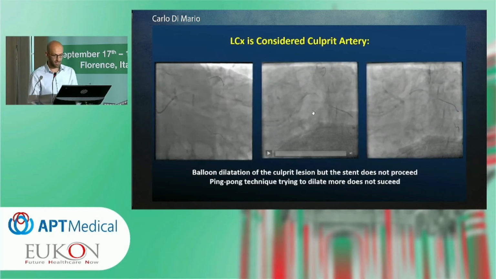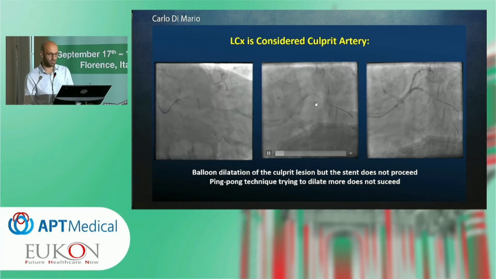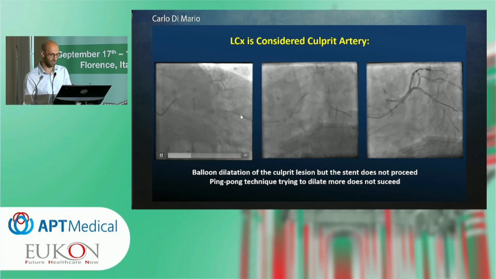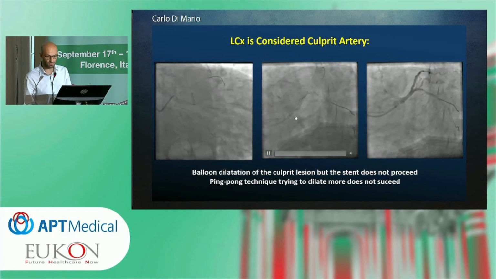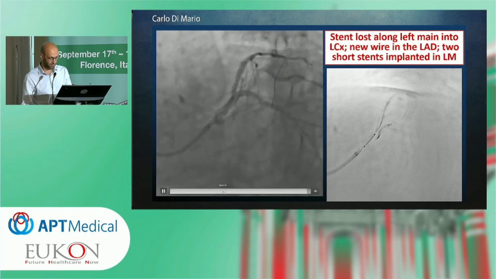And trying to dilate and then to put a stent in this very, very tortuous circ, he had a stent dislodgement, and so he was obliged to put a stent with a ping-pong technique in the left main just to stabilize the dislodged stent.